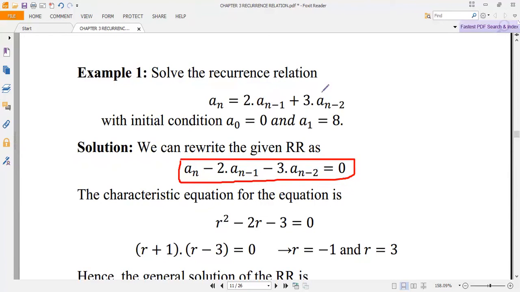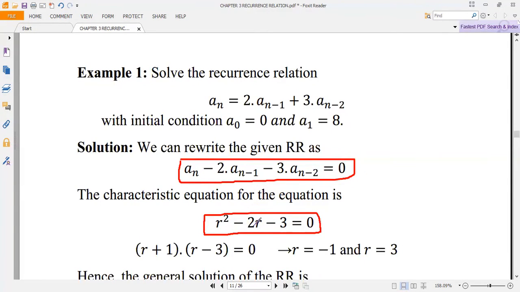Taking the previous terms to the an side, the characteristic equation is r squared minus 2r minus 3, which is equal to 0. Now to find the roots of this equation, what are the numbers whose sum is minus 2 and whose product is minus 3?